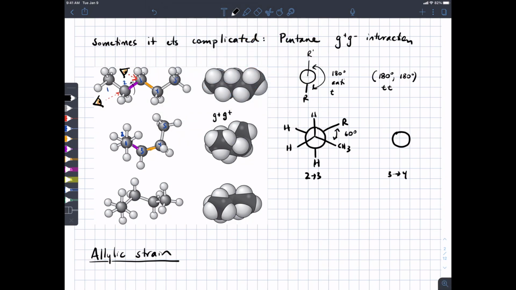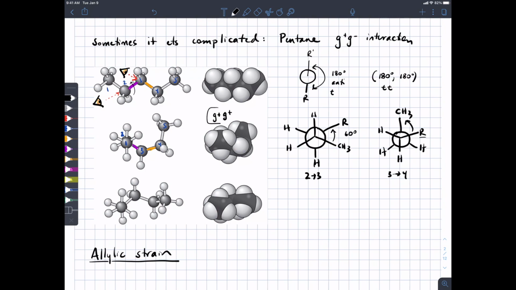And if we want, at this point, we can draw down the bond between 3 and 4. And again, you see that if we draw sort of a line from the carbon group in the front to the carbon group in the back, in both cases, the sense of that is counterclockwise.